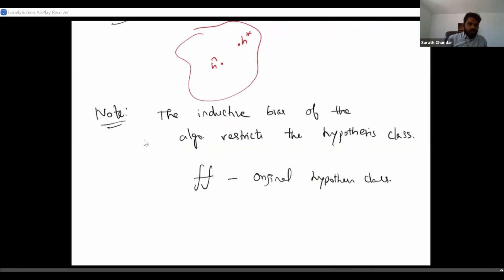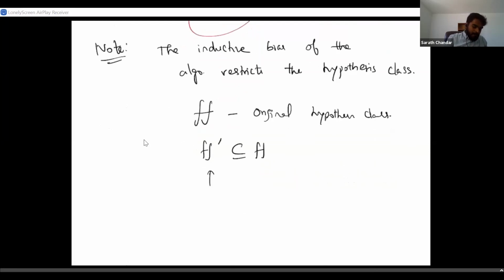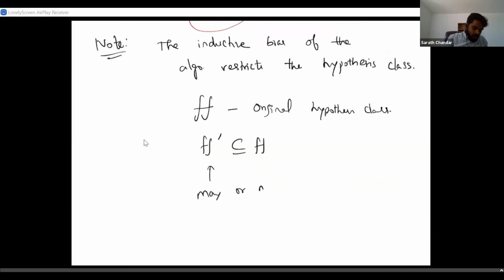Now typically when you use a model, the model will have a restricted hypothesis class, which is a subset of H. Okay, so now what is even worse, this restricted hypothesis class H dash may or may not contain H star.